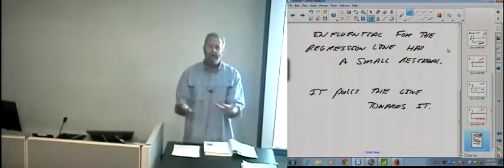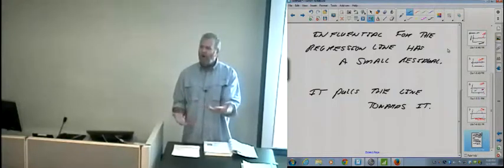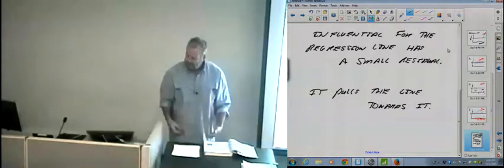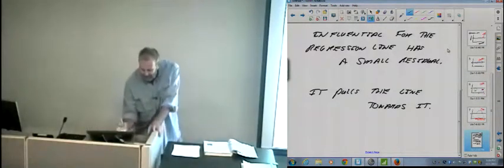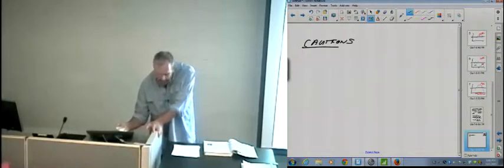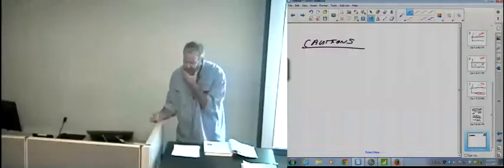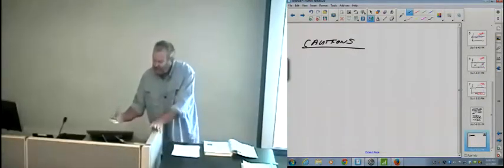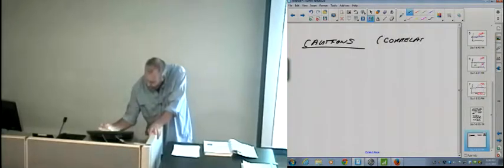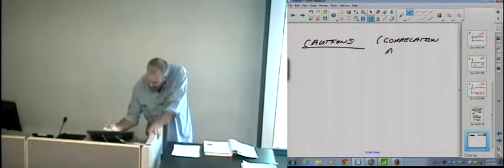So I guess the book calls them cautions. What I want to call them is beware. Do you trust what you're looking at? Right? So I'm going to start like this. Cautions. All right? And it's always cautions about correlation and regression.